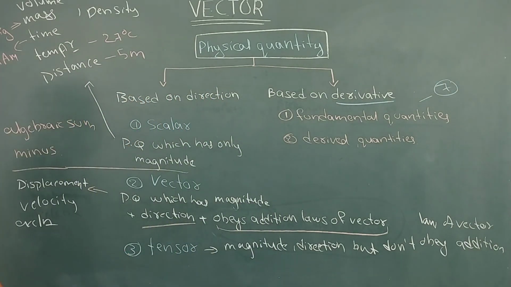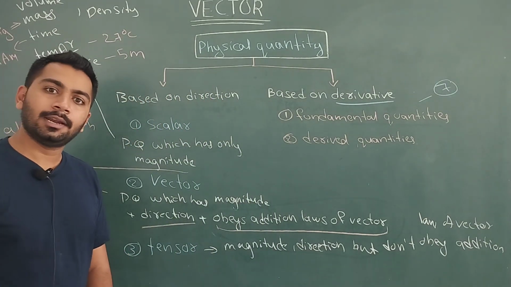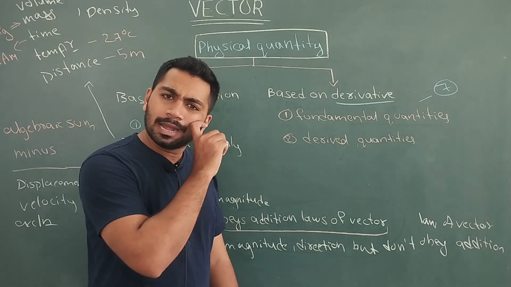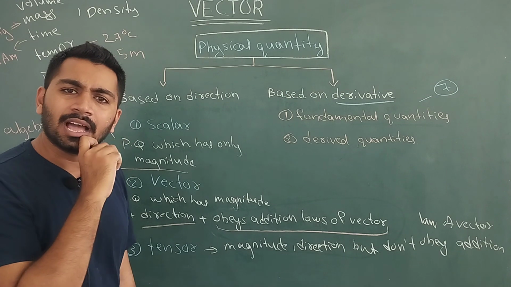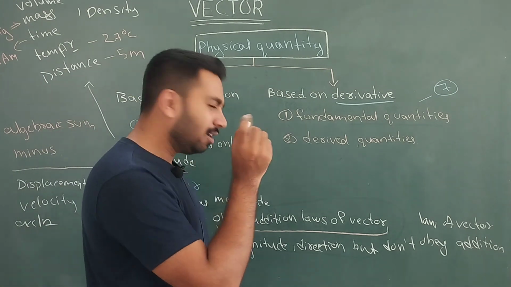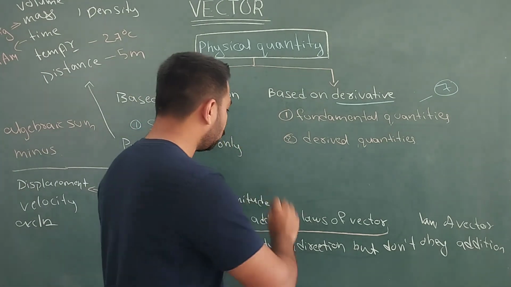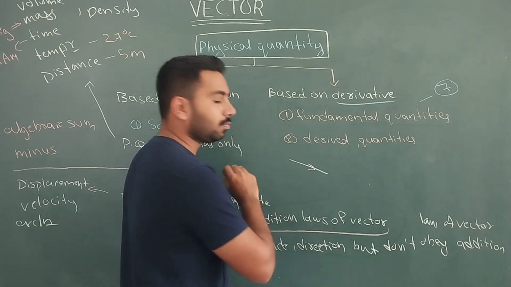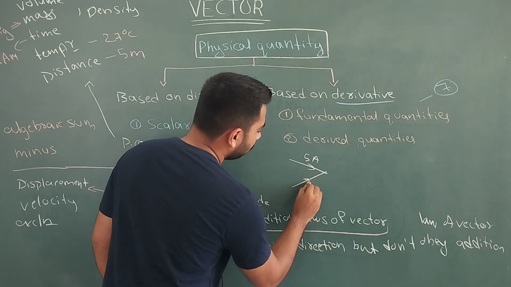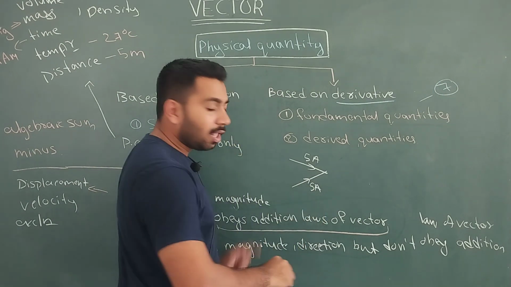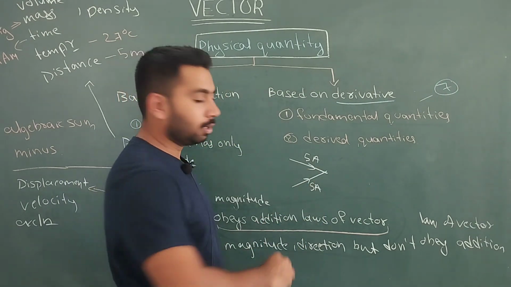Suppose you take electric current. Sir, current has direction, from this point to this point it is moving, but how does it not follow the laws? I will tell you, don't worry. Imagine 5 ampere of current here and 5 ampere of current here. What is the output?